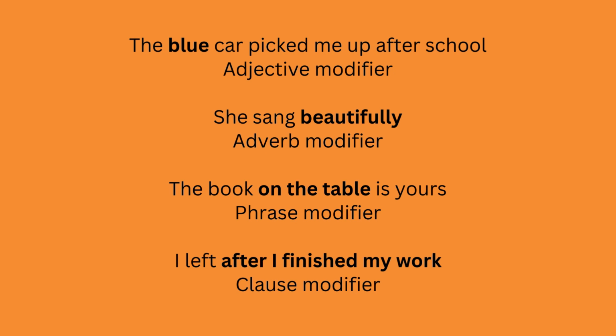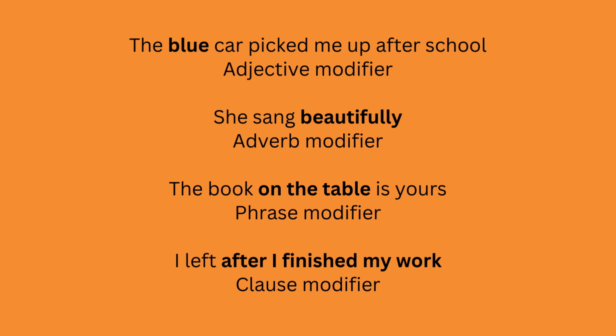We find an adverb modifier. She sang beautifully, telling us more about her singing style. The book on the table is yours. That is a phrase modifier because the words "on the table" is a phrase.